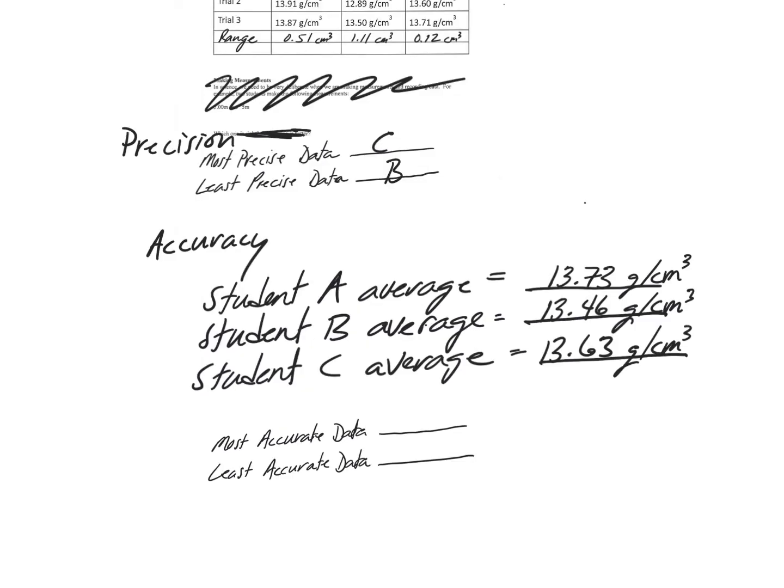Okay, so I took the average values for student A, and I got an average of 13.73. I took the values for student B, found the average, got 13.46. Took the data for student C and found the average to be 13.63.